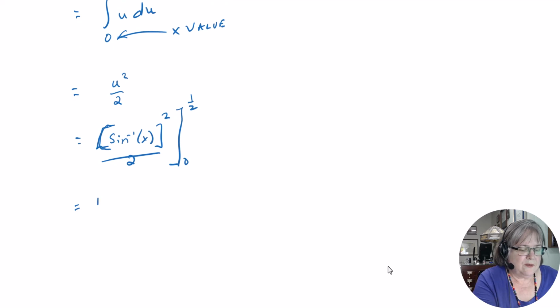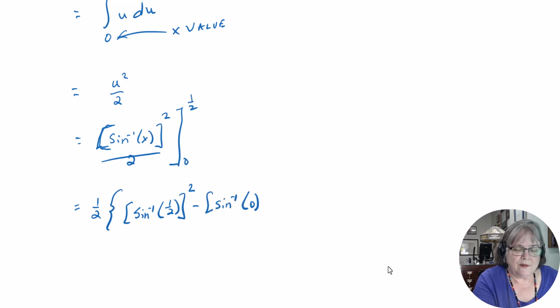So this is 1/2. And you'd have the inverse sine of 1/2, whatever that is, squared, minus the inverse sine of 0, whatever that is, squared, all times 1/2.